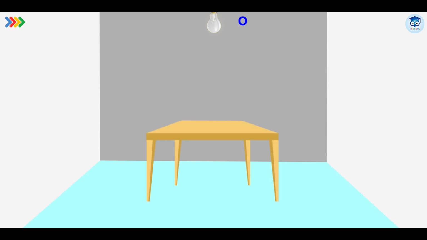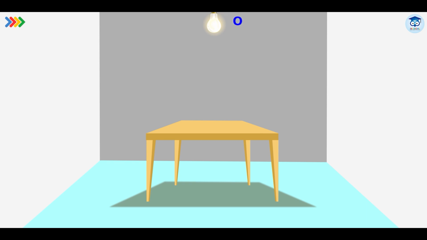We are going to put a table directly below it, right? When we light the bulb, we can see that the shadow of the table will be cast on the floor, and the shadow will be similar to the object that we place.